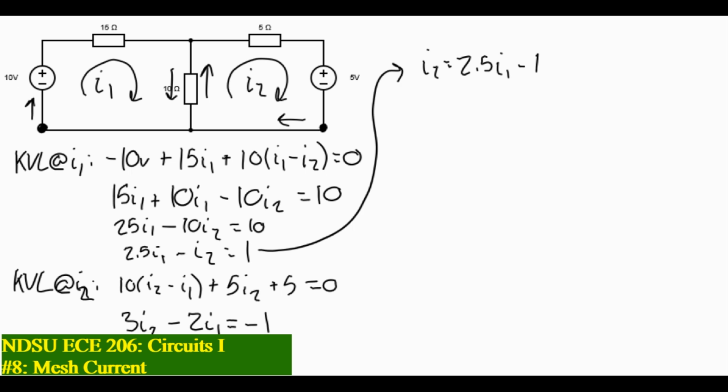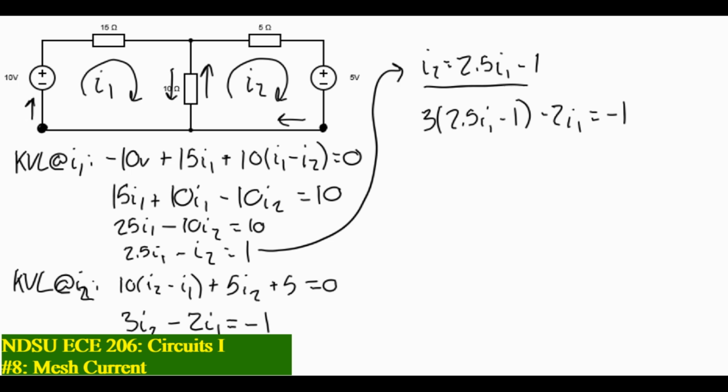Let's substitute this into this equation. That's going to give us 3 times 2.5 I1 minus 1 minus 2 I1 equal to negative 1.